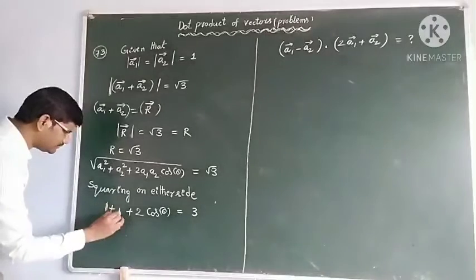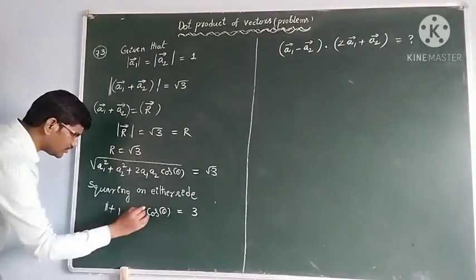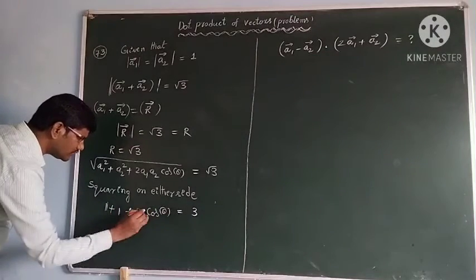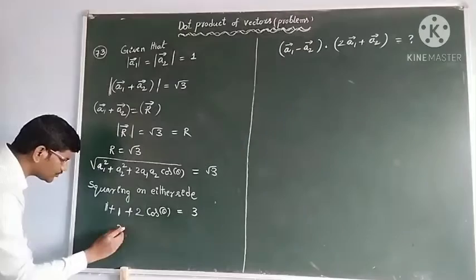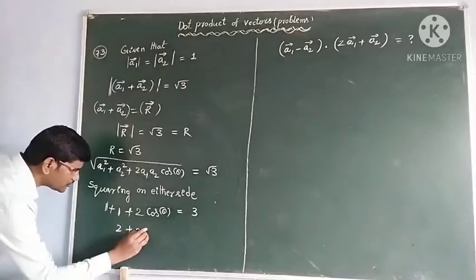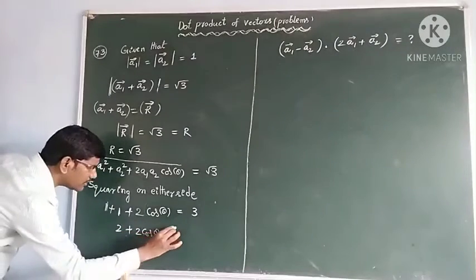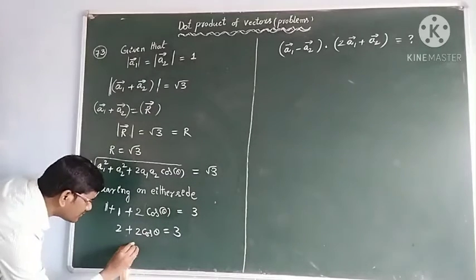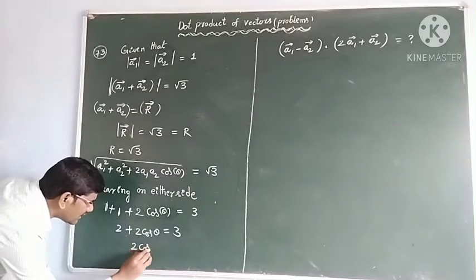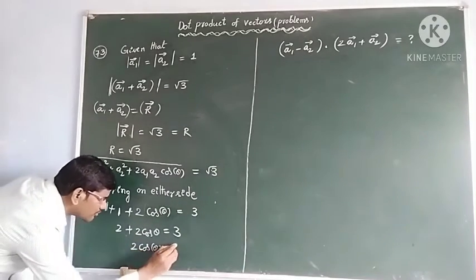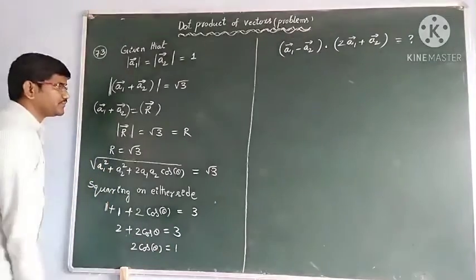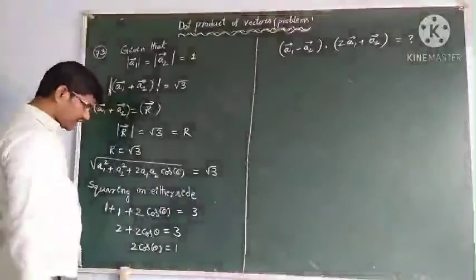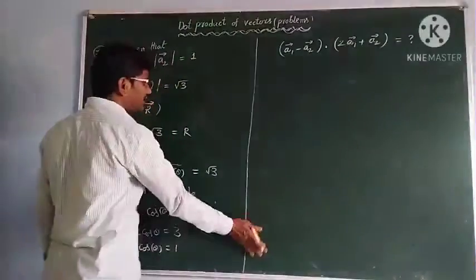So 1 plus 1 is 2, 2 plus 2 cos theta is equal to 3. Take this to that side, 2 cos theta is equal to 3 minus 2, which is 1. So cos theta is equal to 1 by 2.